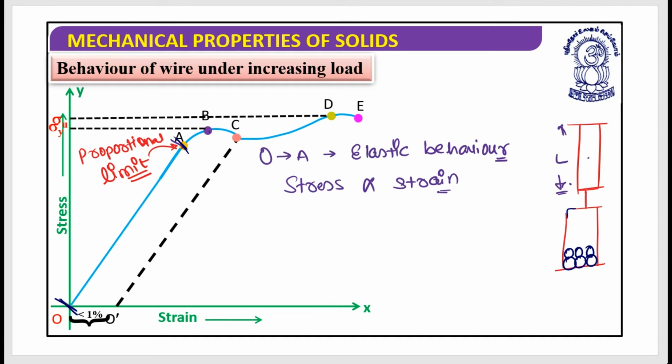Now from A to B, I keep on adding weight. From A to B, as stress is increasing, strain is increasing, but they are not directly proportional to each other, and this keeps on changing.